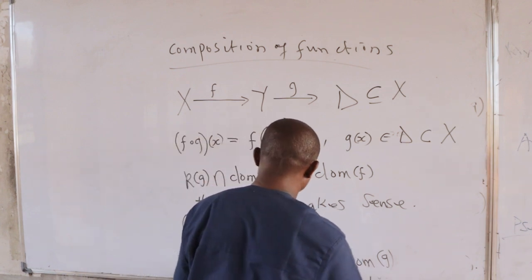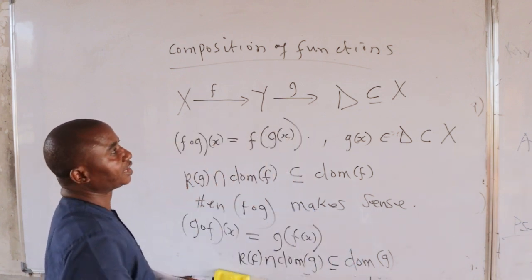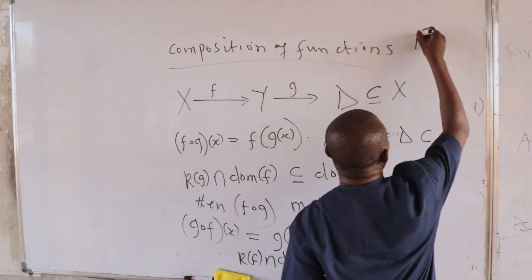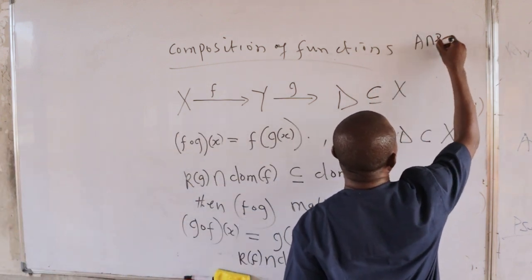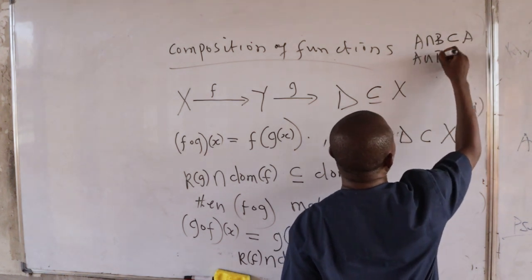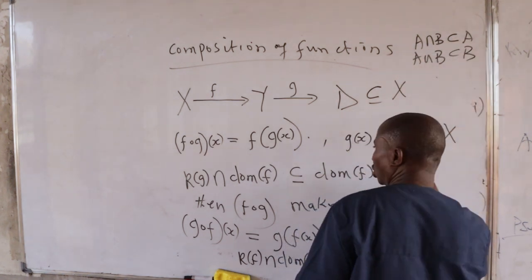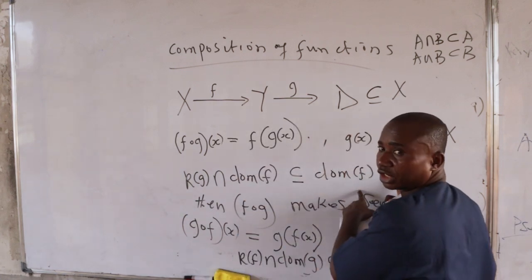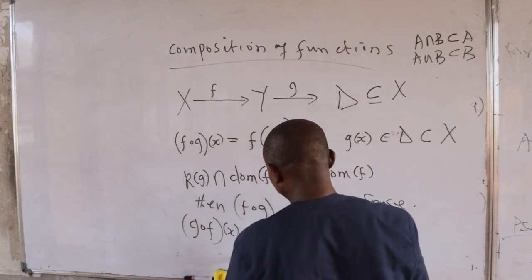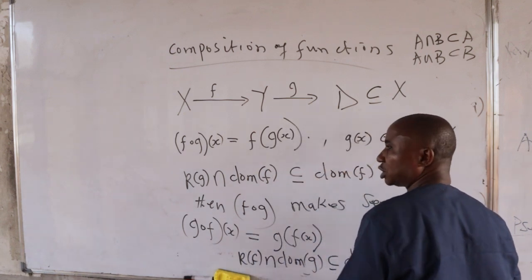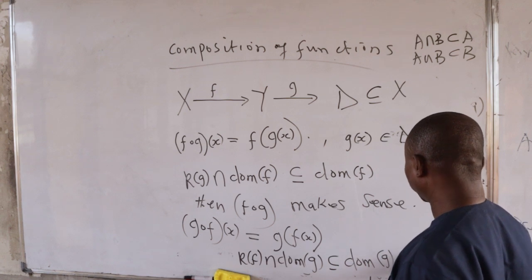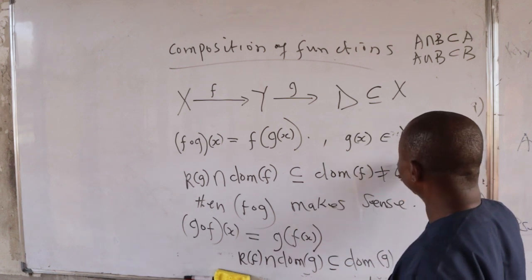We know that when you take the intersection of two sets, if I give you sets A and B, then A intersection B is a subset of both sets. So this is always a subset of the domain of f, which is always true, and a subset of the domain of g, which is also always true. And more importantly, this does not have to be empty.